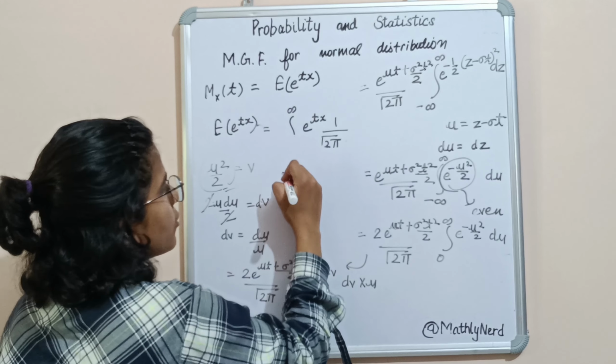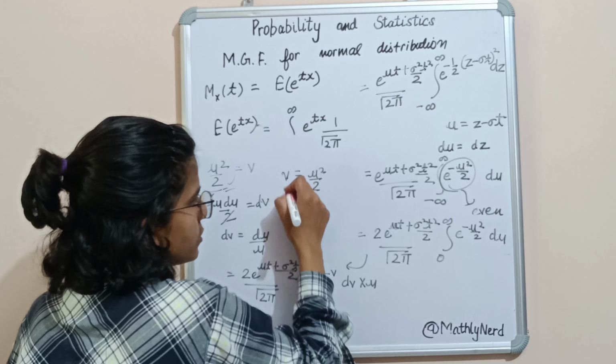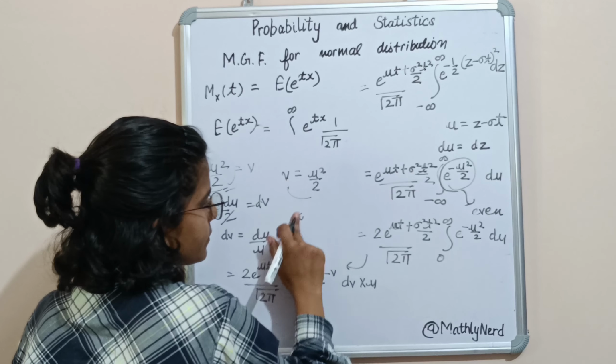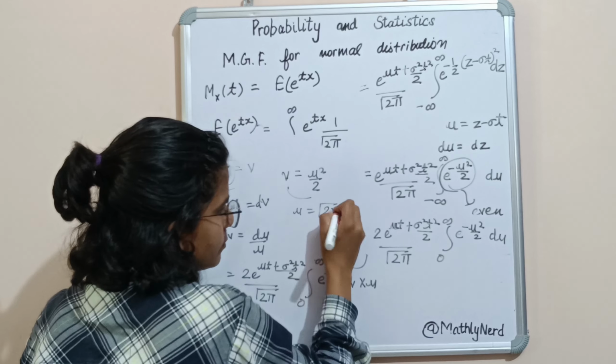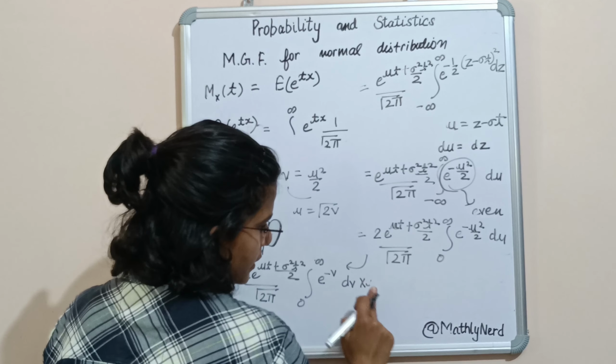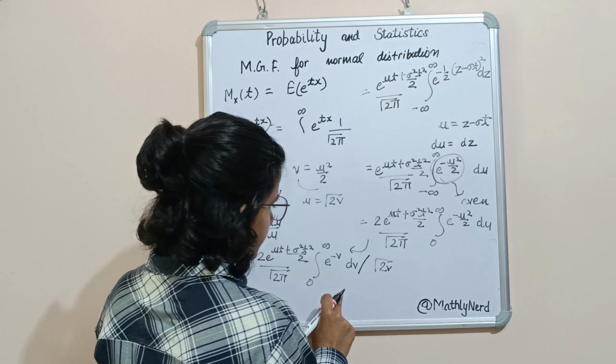Now as we know v equals u square by 2, so u will be under root 2 v.